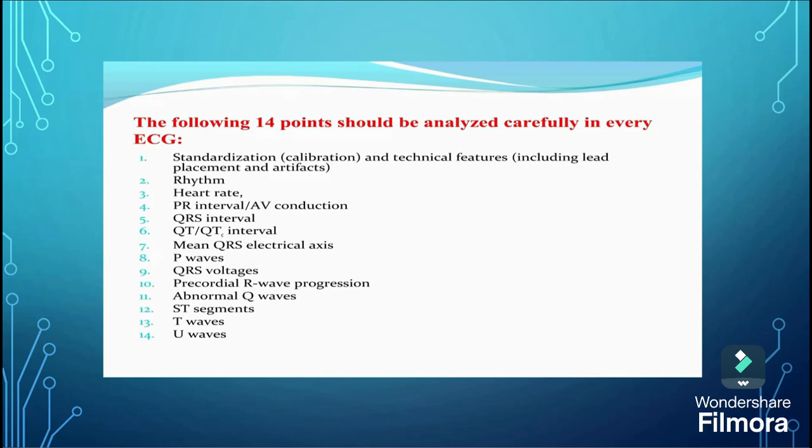First is the calibration and technical features, including lead placement, then rhythm, heart rate, PR interval, QRS interval, QT or corrected QT interval, mean QRS electrical axis, P wave, QRS voltage, precordial R wave progression, abnormal Q wave, ST segments, T wave, and U wave. This is a very important checklist, which should be analyzed carefully in each ECG.